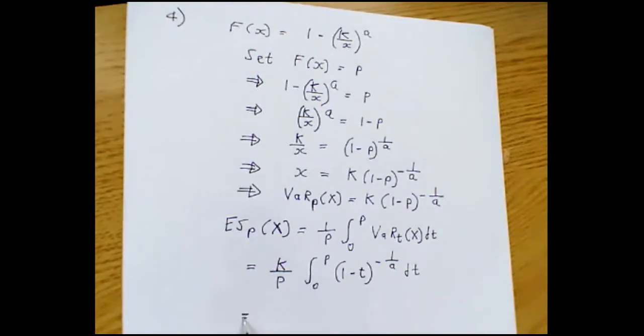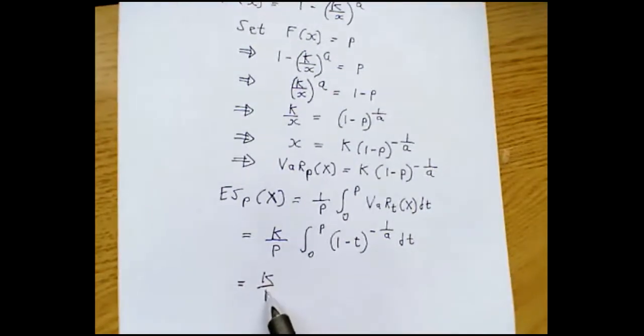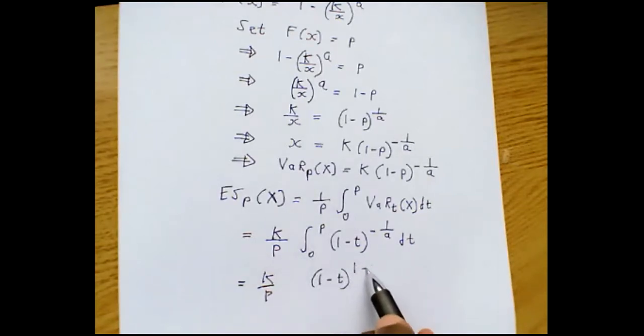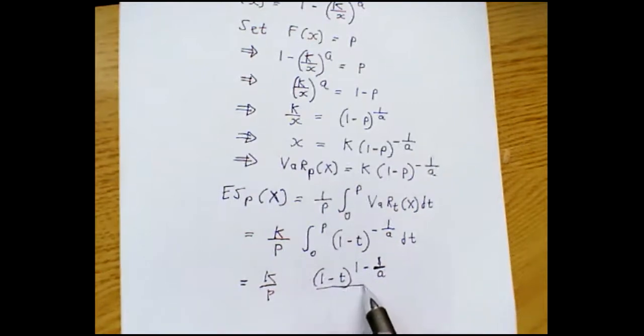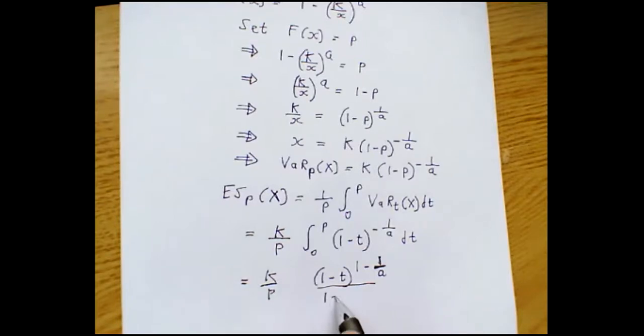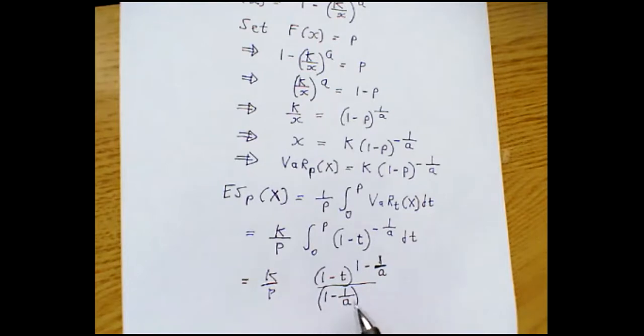So you've got K divided by p, and the integral is this, 1 minus 1 over a, and then you need to multiply by minus 1 because there is a minus here, right?